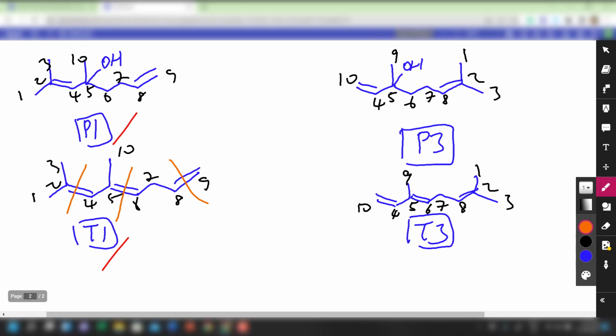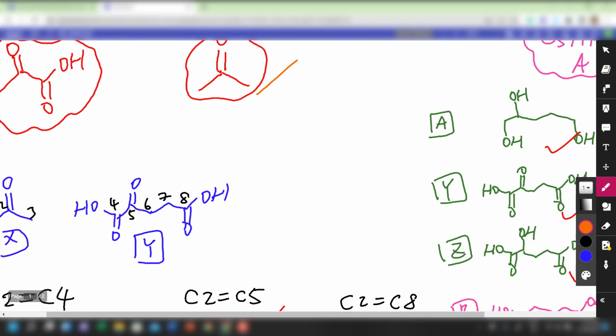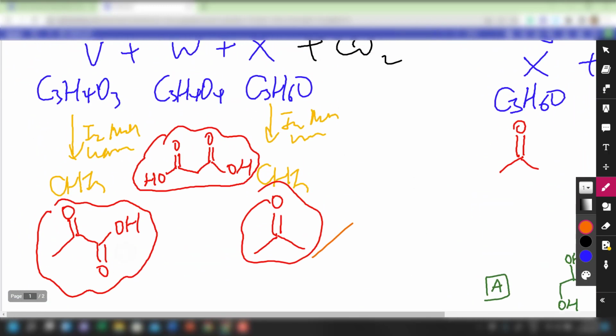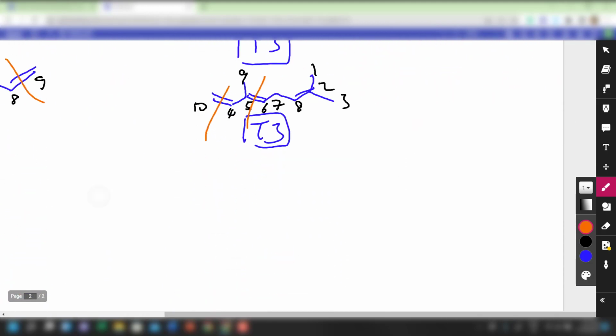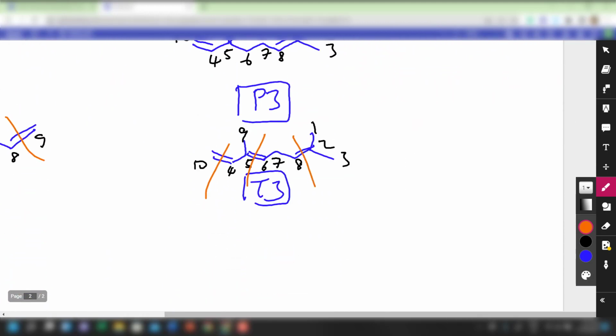Upon oxidative cleavage, C10 will give us the CO2. If I cleave over here, this keto carboxylic acid will be V. And then if I cleave here, 1, 2, 3 will be the propanone, which is X, and 6, 7, 8 will be the 1,3-propane dicarboxylic acid, which is W. So that's perfect.